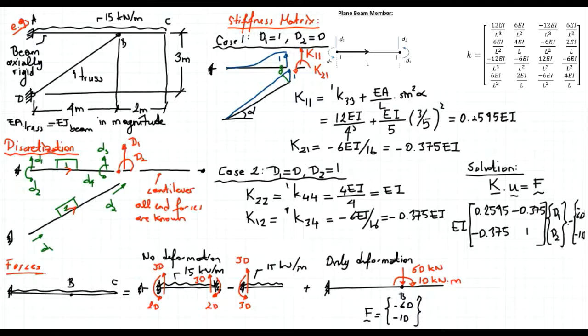When you solve that system of equations, we obtain d1 equal to minus 536.3 divided by EI, and d2 equal to minus 211.1 divided by EI, and that will be the final solution.